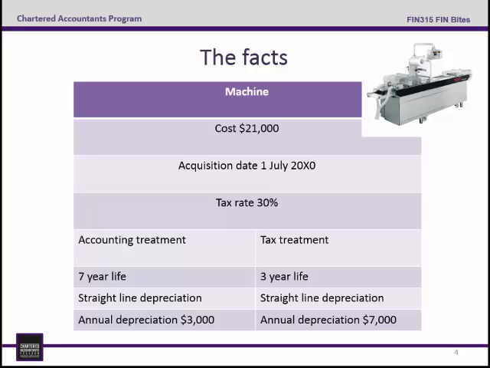And you can see that with $7,000 in tax deductions versus $3,000 in accounting depreciation expense. So we'll look at where this fits into the formula that you've got in your CSG, but it's a good cross-check to think about using this sort of gut feel. More or less tax today when this temporary difference first starts to be created.